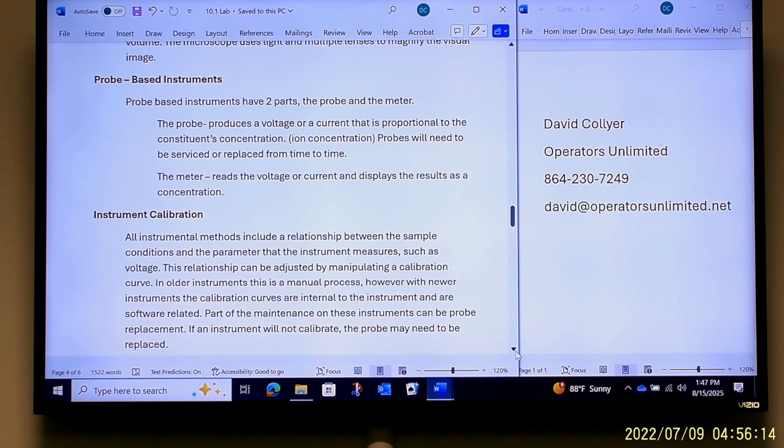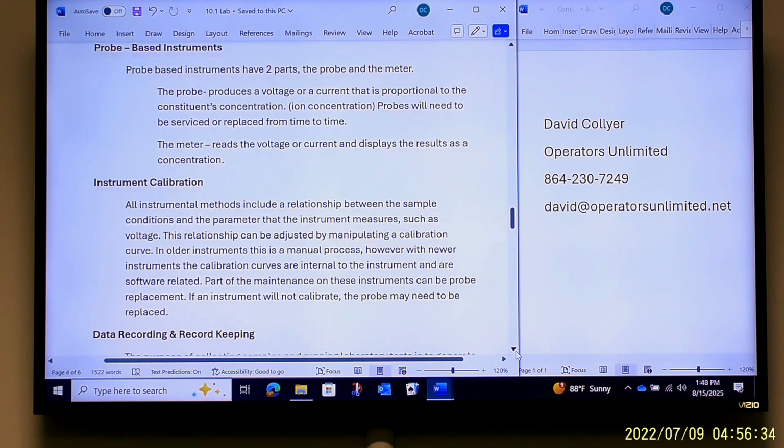Probes will need to be serviced or replaced from time to time. The meter reads the voltage or the current and displays the results as a concentration. So that's what you are actually reading the number and recording the data off of, is the meter.